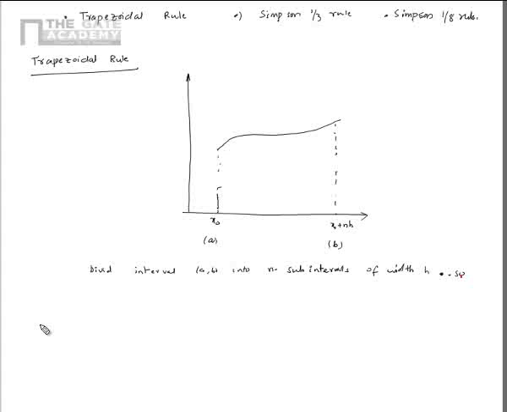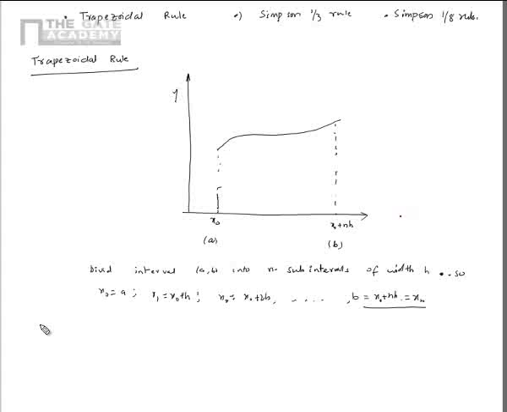So what will happen is x naught is a, and x1 is x naught plus h, x2 is x naught plus 2h, so equal intervals, and finally b is x naught plus nh. So that is your xn, which is your b. So this is how it is divided.